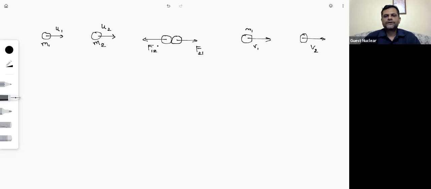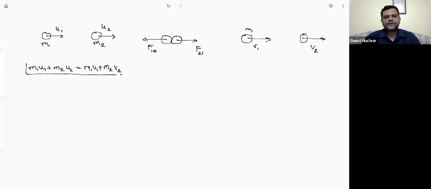So according to the law of conservation of momentum, we can say that m1 u1 plus m2 u2 is equal to m1 v1 plus m2 v2. Okay, that means the law of conservation of momentum always holds true, or is always satisfied in every collision. हर collision के अंदर law of conservation of momentum तो satisfy होता ही होता है, बिल्कुल.